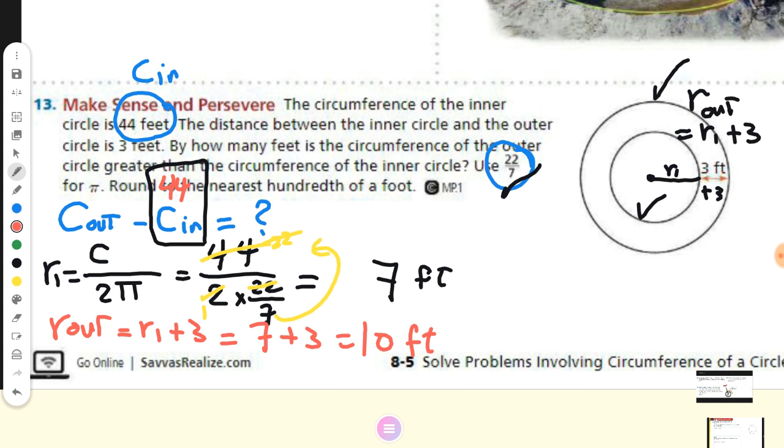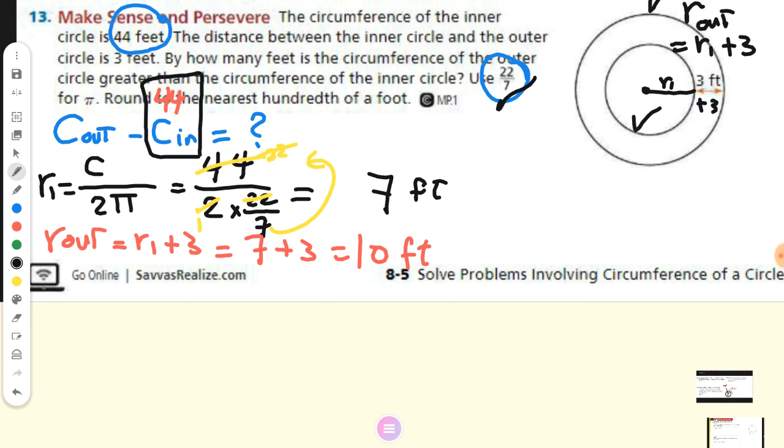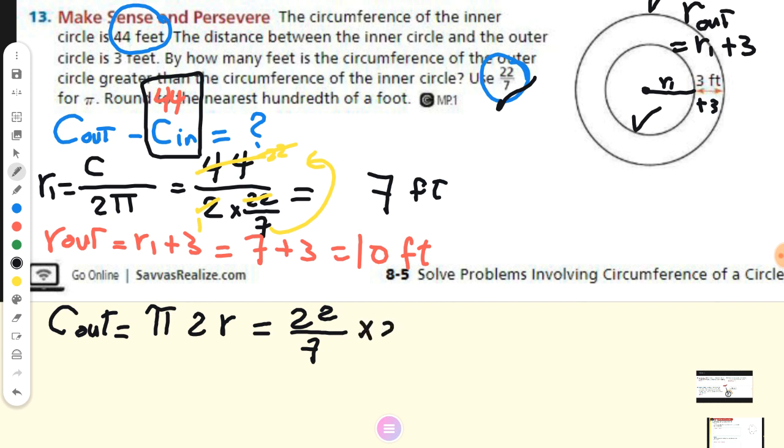So can you get the circumference? Yes, from the rule of circumference. C out equals 2πR, which is equal to 22 over 7 multiplied by 2 multiplied by R, which here is 10, so multiplied by 10. At the end it equals 22 over 7 multiplied by 10.